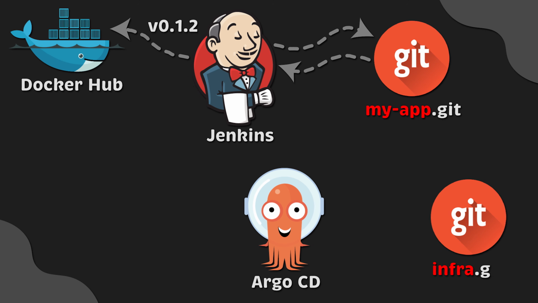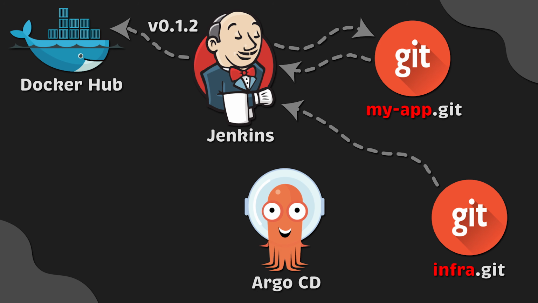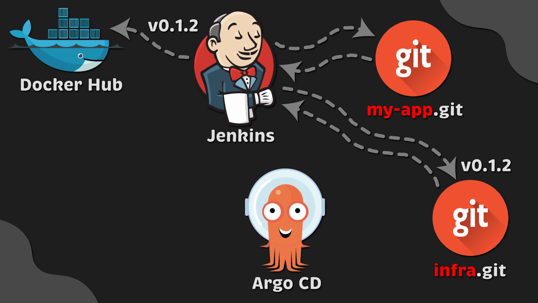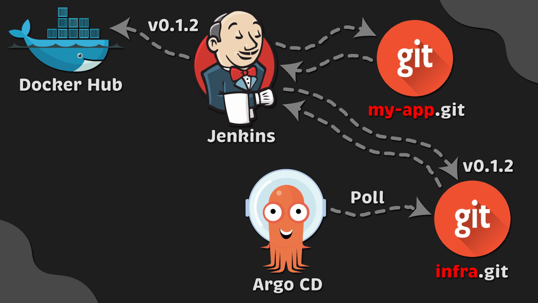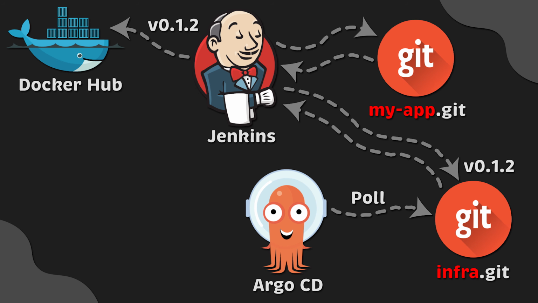Next, Jenkins would pull the GitOps repository containing infrastructure configurations and update the image tag to the newly built image. It would then commit this change back to the remote repository. On the other end of this pipeline, we have ArgoCD, which monitors the GitOps repository for changes, such as a new Docker image.